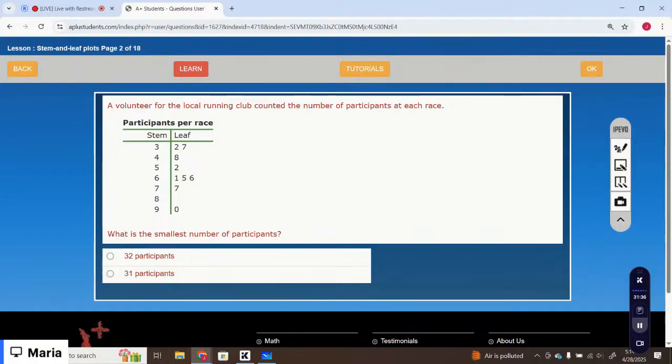A volunteer for the local running club counted the number of participants at each race. What is the smallest number of participants? So, which is the smallest number?